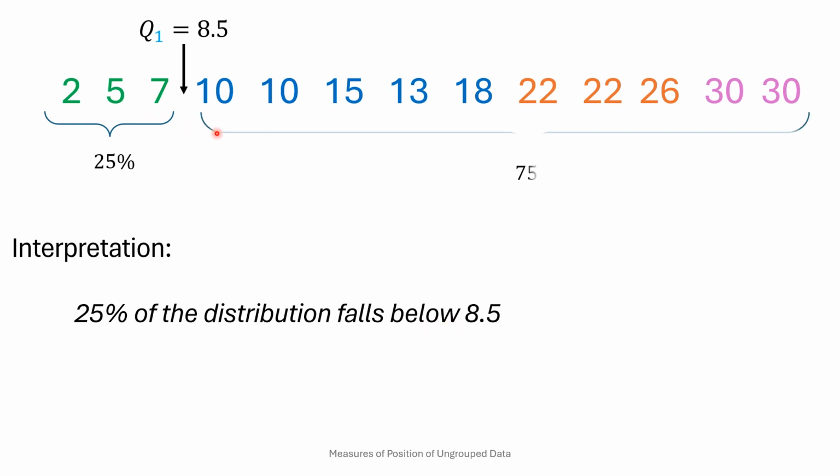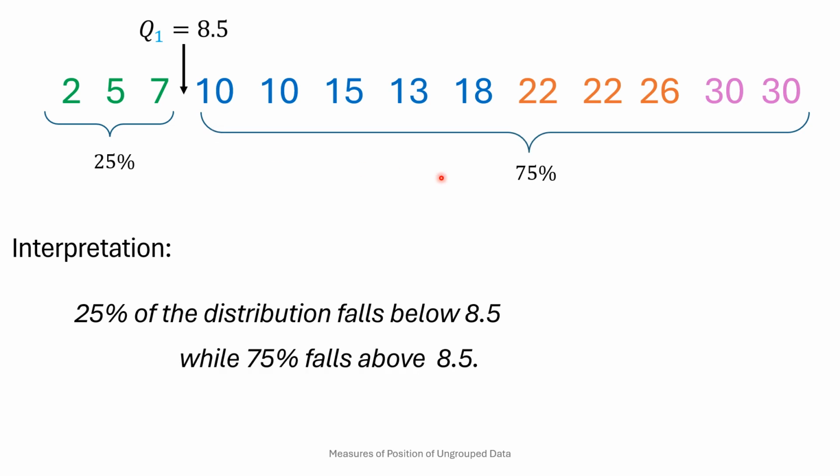And the remaining 75% of the distribution falls above quartile 1, which is equal to 8.5. You can also say that there are 3 values which are less than 8.5, and there are 10 values which are above 8.5.